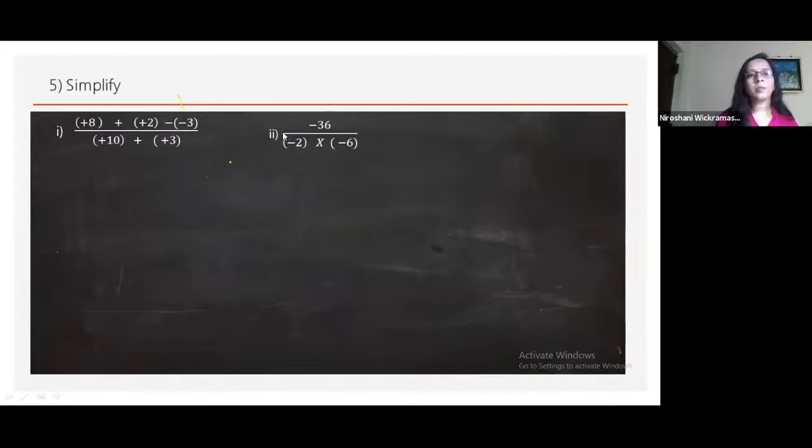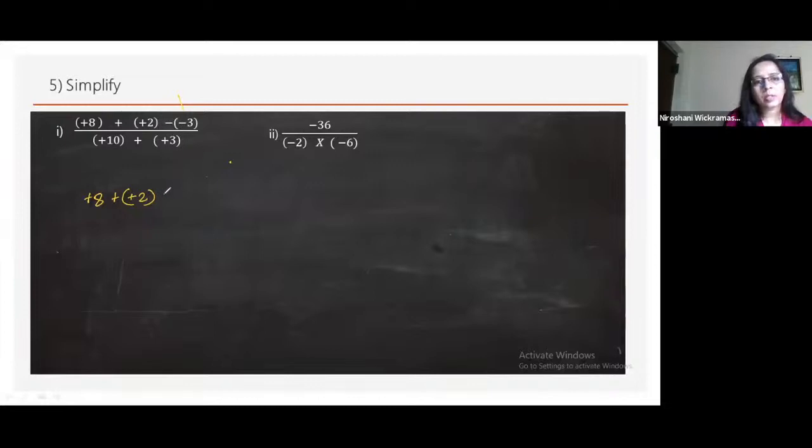Next one, simplify. Related to the directed numbers. Look at here, plus 8 plus 2. Minus into minus, even you can write, I told you. First, look at this sign.